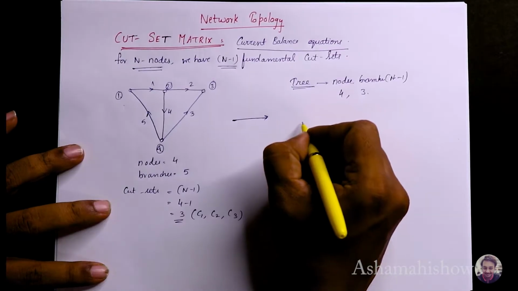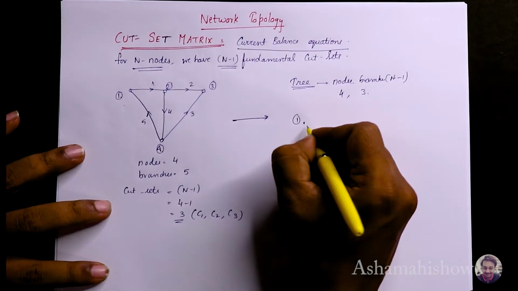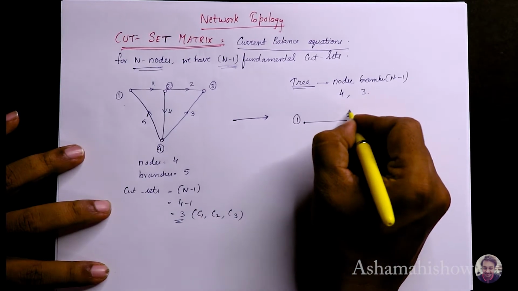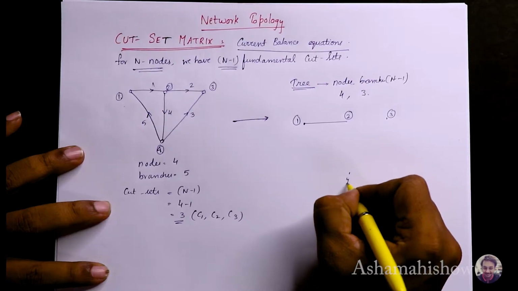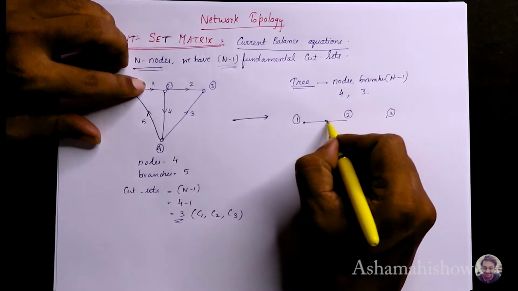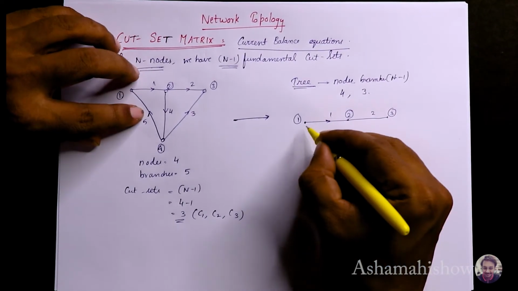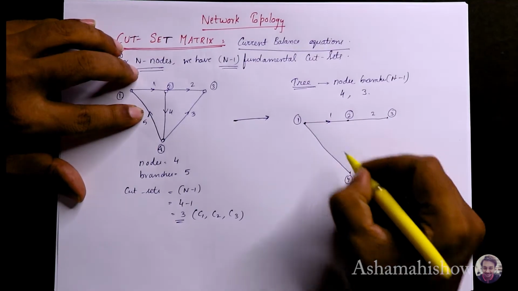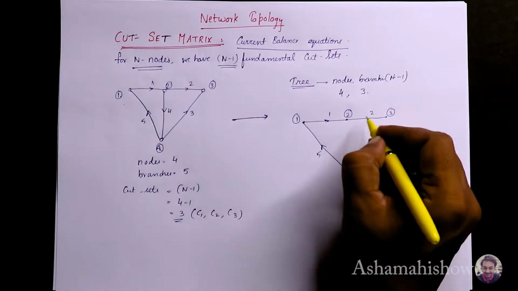So I'll now write all the nodes here, and I'll select 3 branches out of it. I'll select the first branch, the second branch and the fifth branch, like this. The orientation direction also has to be given.